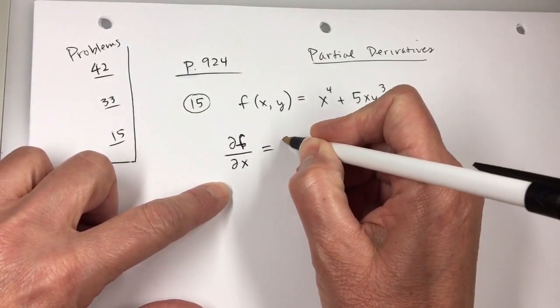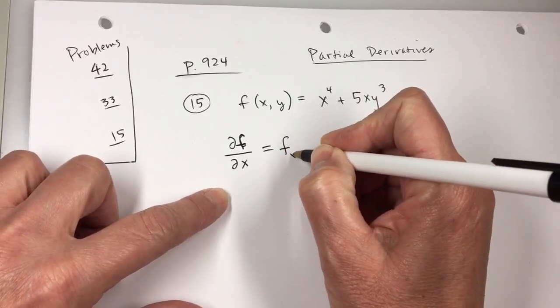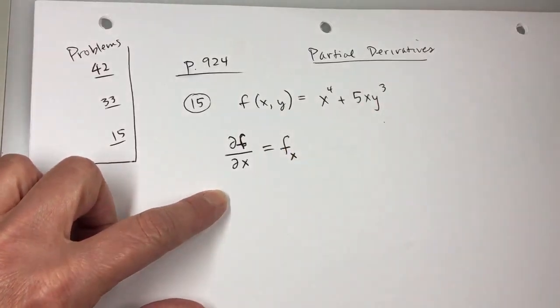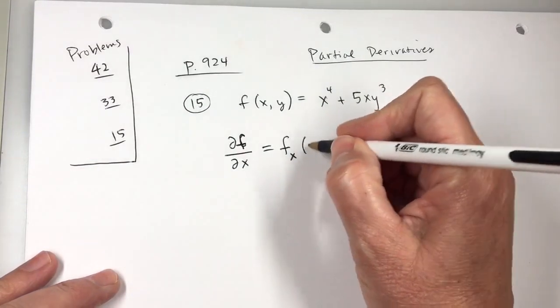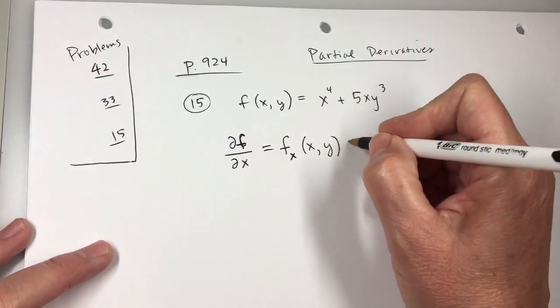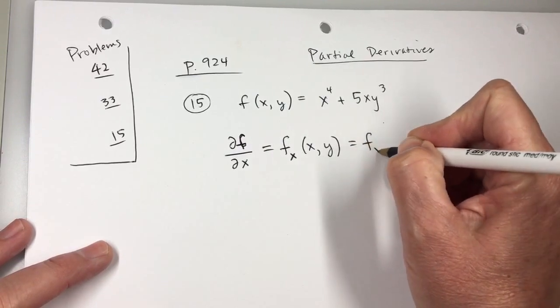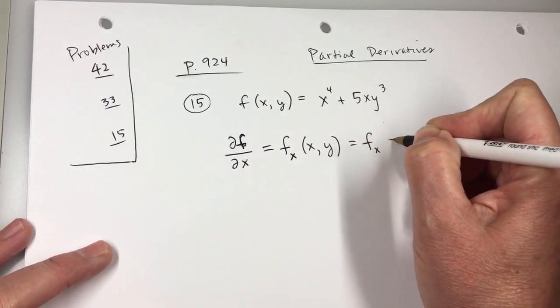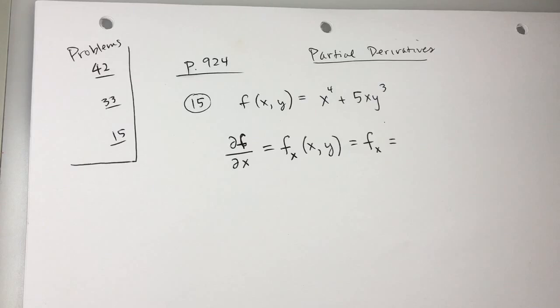I could also write it f with a lowercase x, and sometimes they'll write the parentheses x comma y. Sometimes they might just write f with a lowercase x. But all of those symbols mean the same thing.